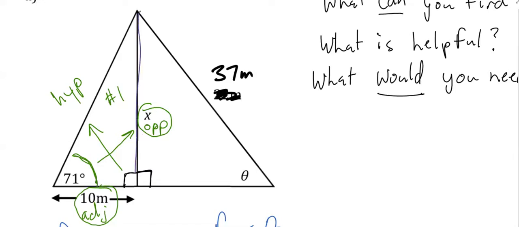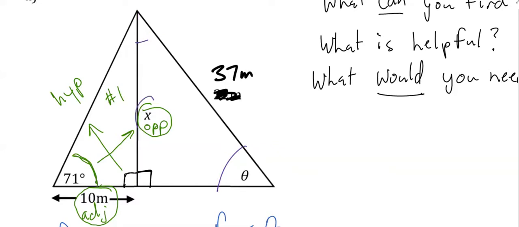This side length is opposite of 71, but it's adjacent of this angle, right? But if I move to the other triangle, it's opposite and adjacent to different angles. Again, I'm in a different triangle.